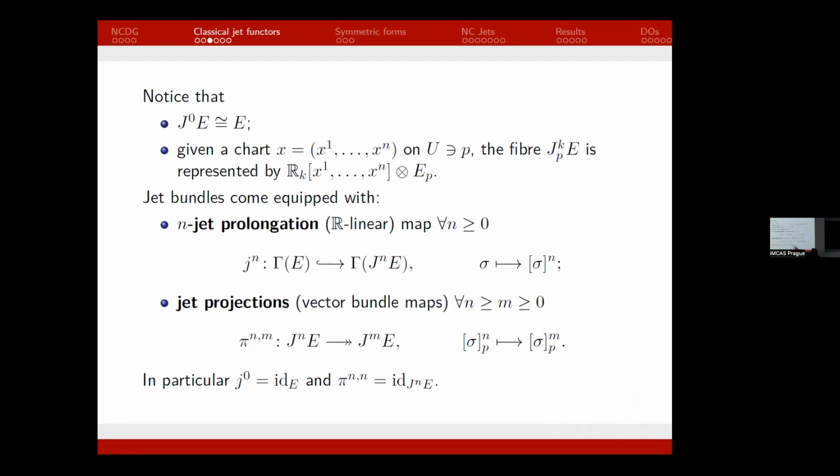And then we have the jet projection, which essentially forgets the information at the higher degree. So we have m higher than n, and we forget the information of all the higher degrees up to n. Okay, this is what we have. In particular, we have that j0 is the identity, as well as phi from n to itself, just formality. And notice that this gives the isomorphism at the top.